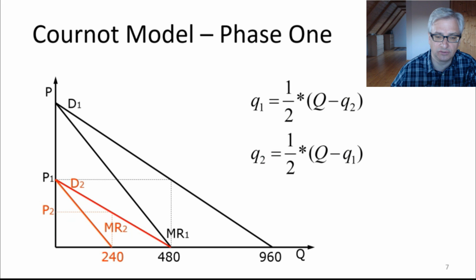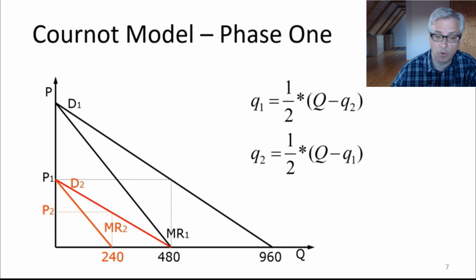Here are reaction functions of the first and of the second one. You can see how it works. Take the first equation. Q2 was believed to be 0. We assume that the second one doesn't produce anything. So Q1 was half of this big Q, half of 960, which is 480. That was the production of the first one. The production of the second one depends on the production of the first one.